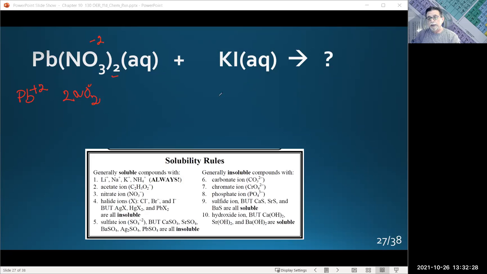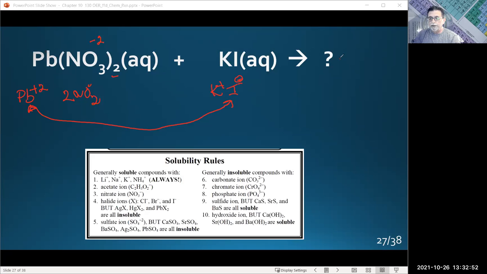Okay, KI, we know that's a +1, and the iodides are a -1. So we're going to take the lead and combine it with the iodide, exchanging partners. Lead is a +2, iodide's a -1, so we need 2 of them.